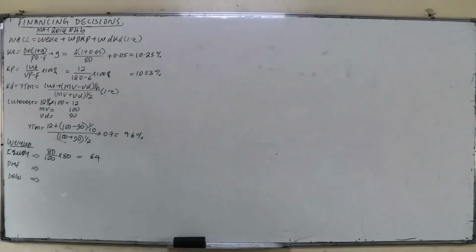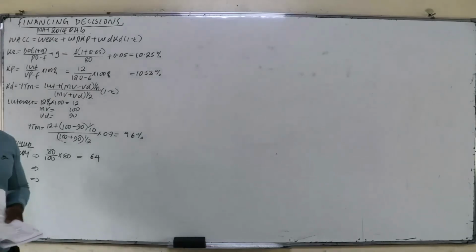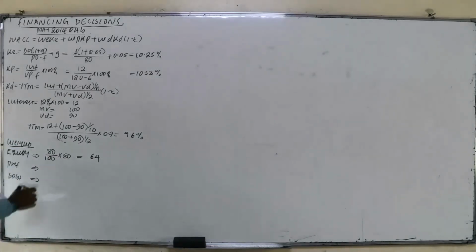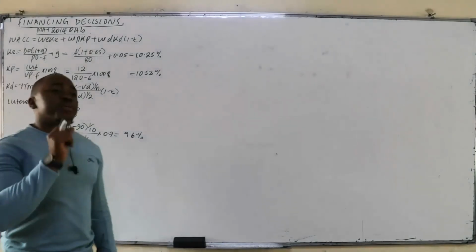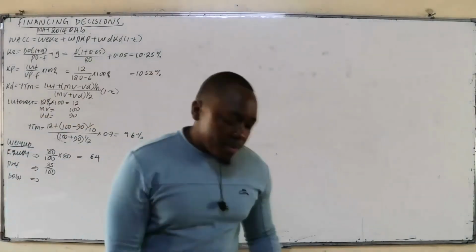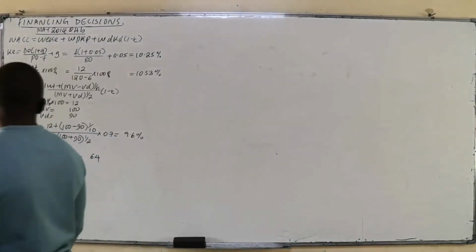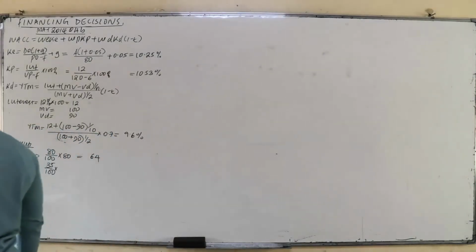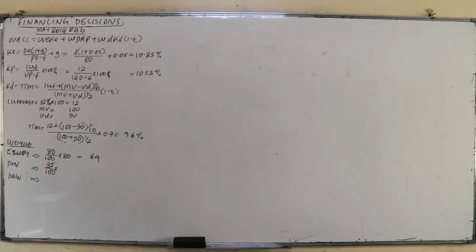We do the same for the preference. How much was the preference share capital? It's 35 million shillings. Then you divide by the par value of 100 so that you get the number of preference shares. Once you get the number of preference shares, you multiply by the current market price of the preference share. Note number 4. New preference share can be sold at 120 per share with a dividend of 12 and a flotation cost of 6.